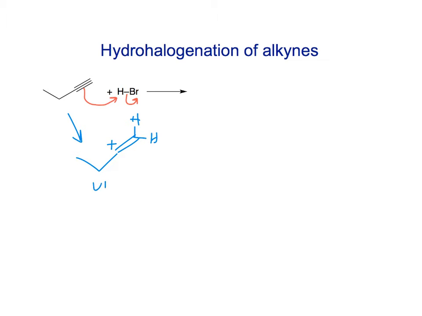This is called a vinyl cation. Vinyl means on a double bond. The vinyl cation here is actually sp hybridized, so this makes it less stable than a normal secondary carbocation.